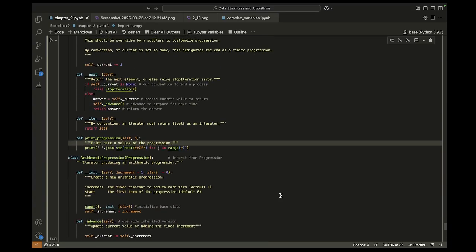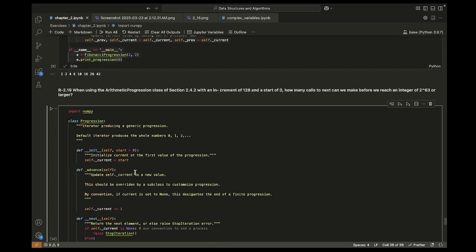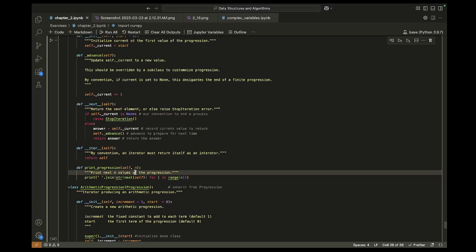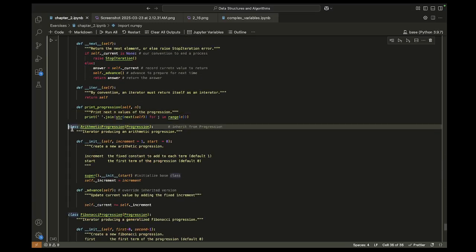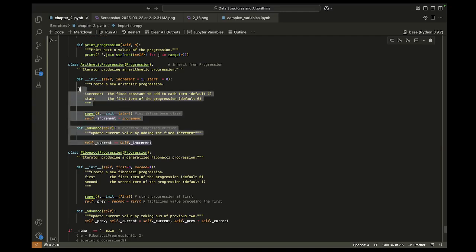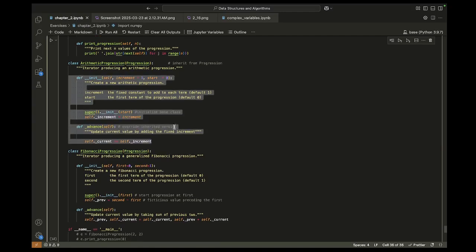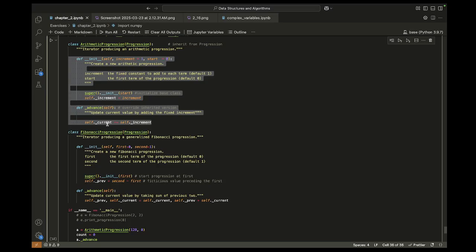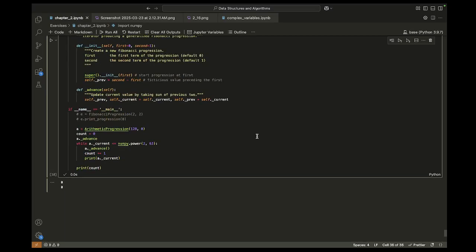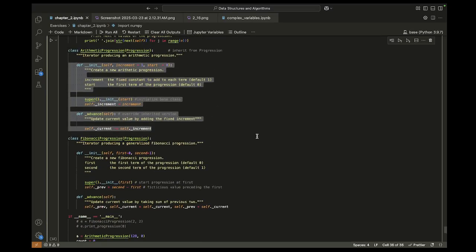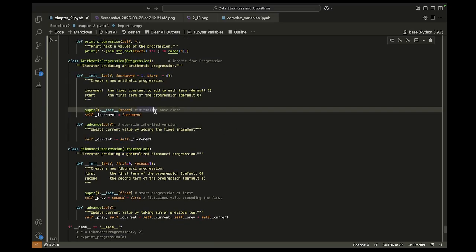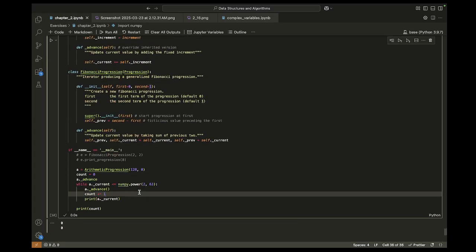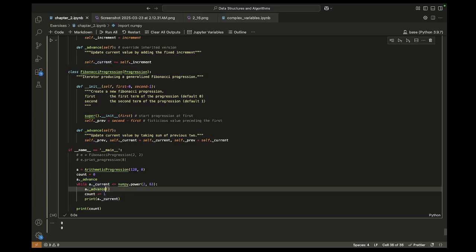Arithmetic progressions right here. I just typed this line by line, copying the textbook. I know there's something wrong with the way I try to do this.